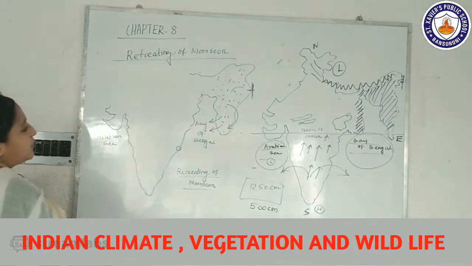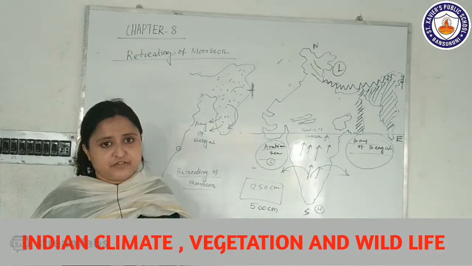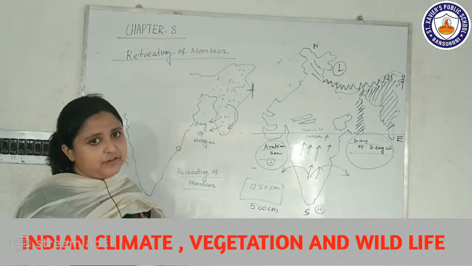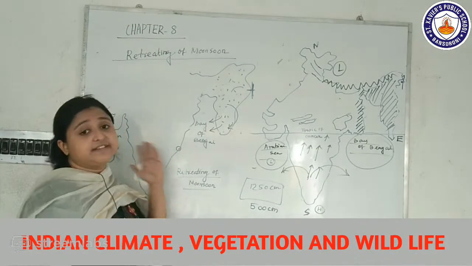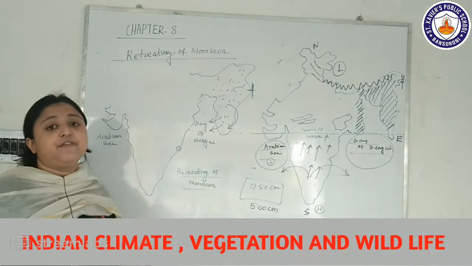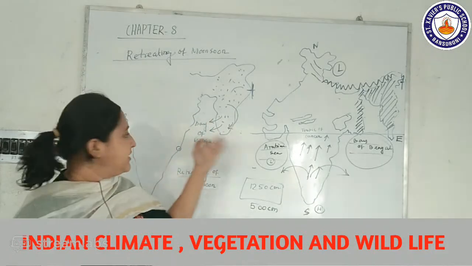So that's why over the Coromandel coast a huge condensation process will happen, and the Coromandel coast receives winter rainfall. We all know that the Coromandel coast is in the southern part of India, and it receives the winter rainfall between November and December because of the retreating of the monsoon.